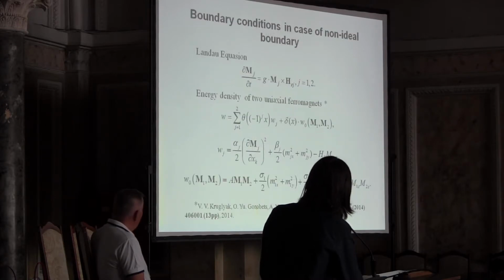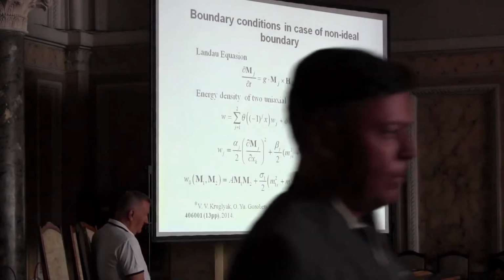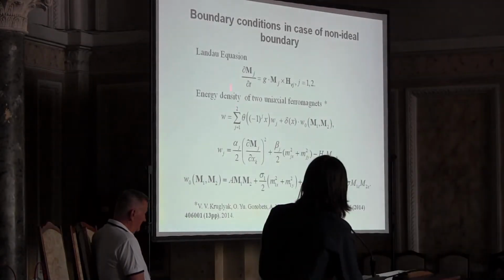Okay, so the next part of the work was to find the reflection coefficient. To do this, first we tried to find good boundary conditions which describe the behavior of spin waves at the interface. It was done using the standard equation of behavior of magnetic moment in the external magnetic field.